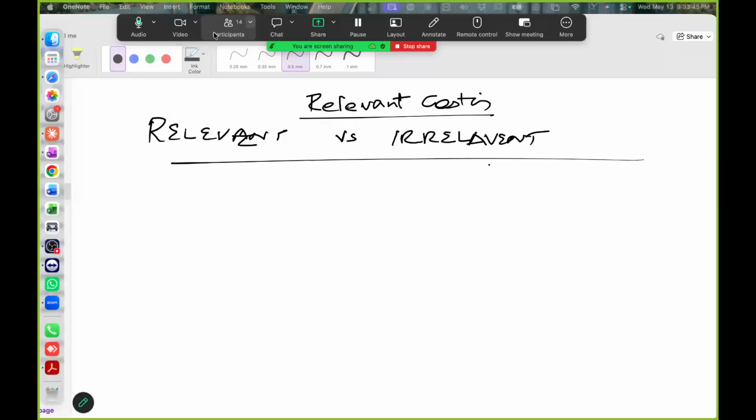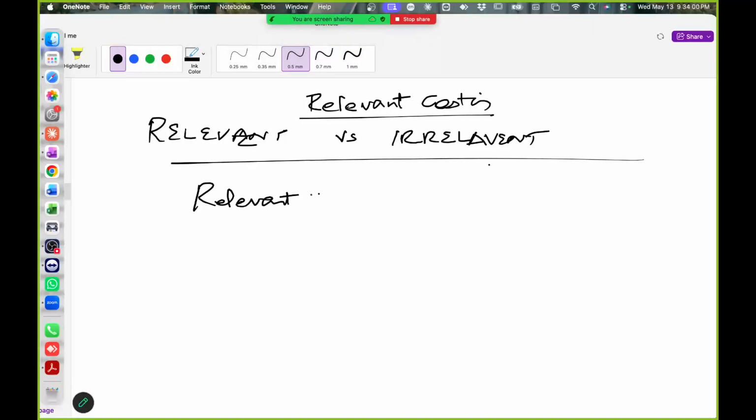But first of all, a simple understanding of relevant cost. Relevant costs are those that are, one, incurred in the future.